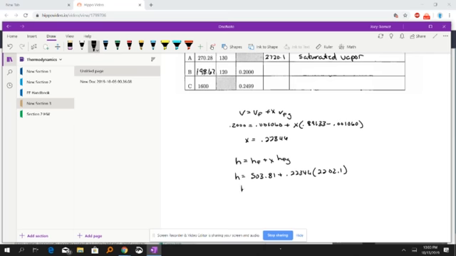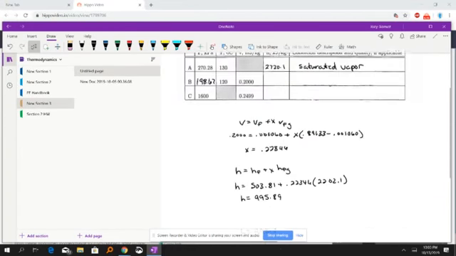When you solve this out, your enthalpy will be 995.89. Okay, that's our answer for enthalpy.